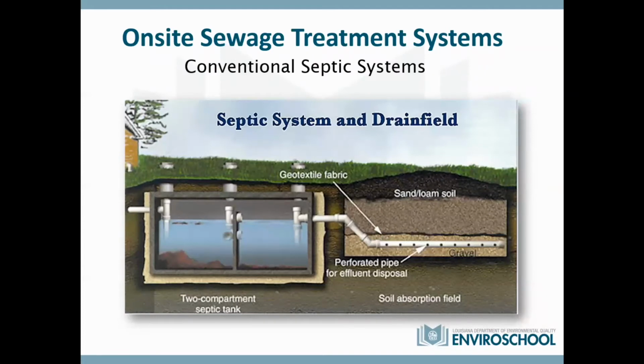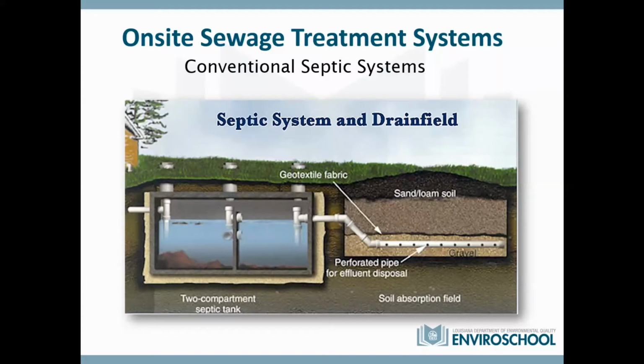So on the left, again, you see the conventional septic tank. This one actually has two compartments. So that second compartment clarifies the water even further. And then the water goes out through that perforated pipe for effluent disposal. Basically, the water seeps out into that gravel bed, and then from the gravel bed, it goes down into the surrounding soil.